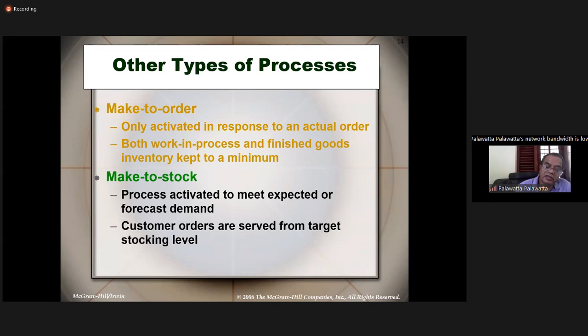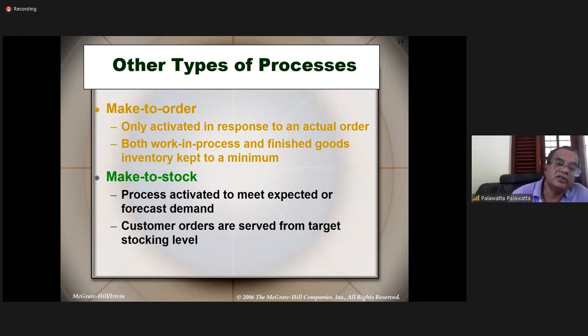If the economy is unstable, I think it is better to use the make to stock approach. For a stable economy where prices don't go up and you don't have surprises in the supply, make to order works well.